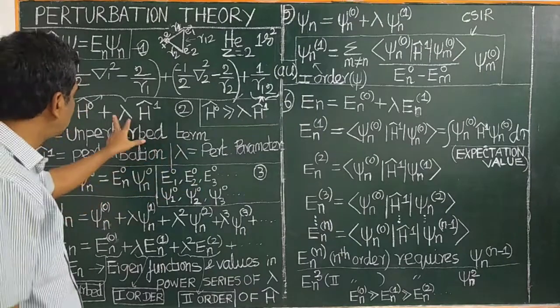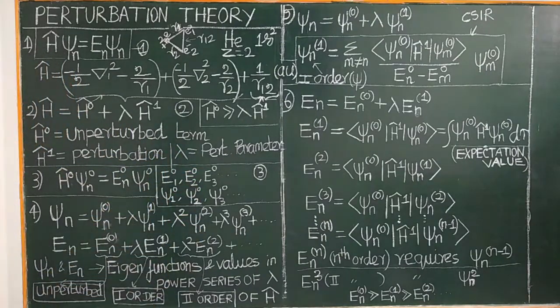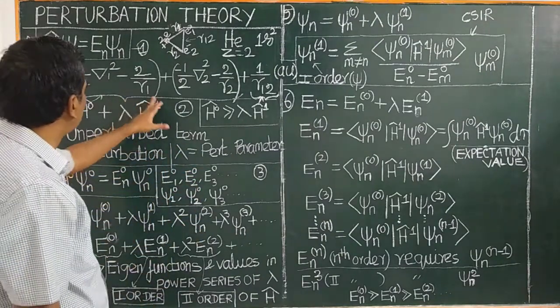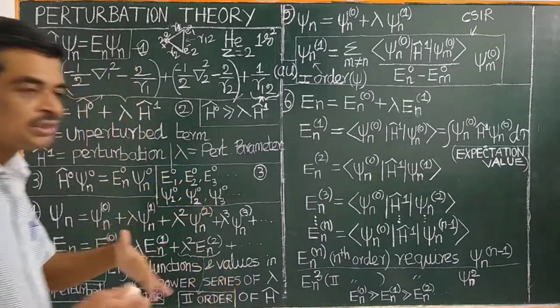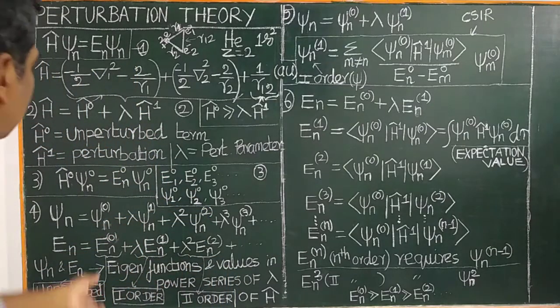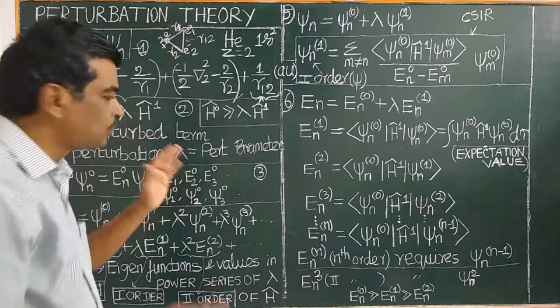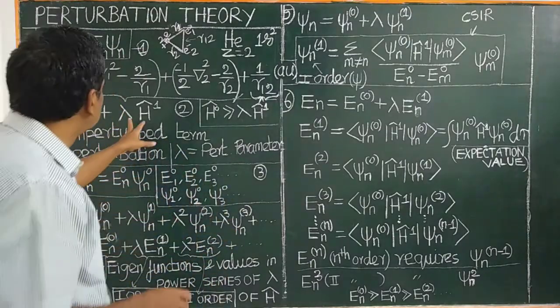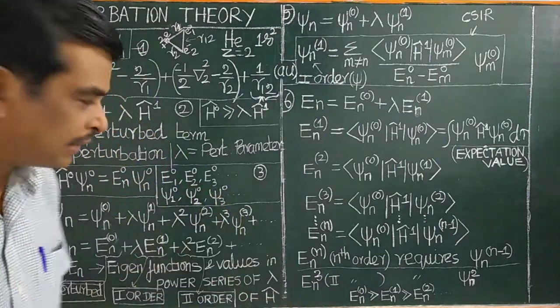There are two cases. If lambda equals 0, the perturbation term is not considered. If lambda equals 1, the perturbation is fully applied.